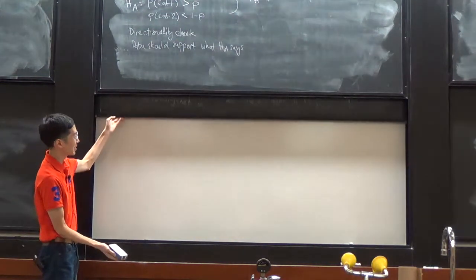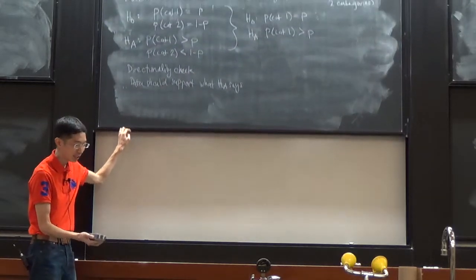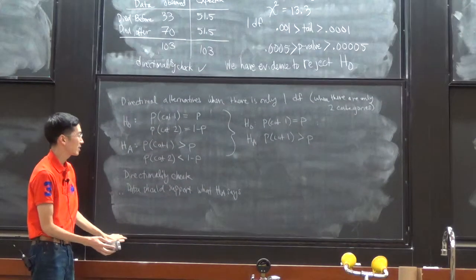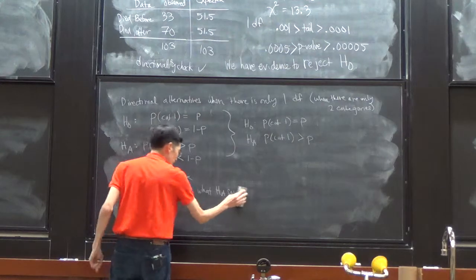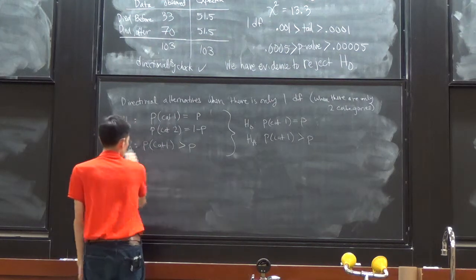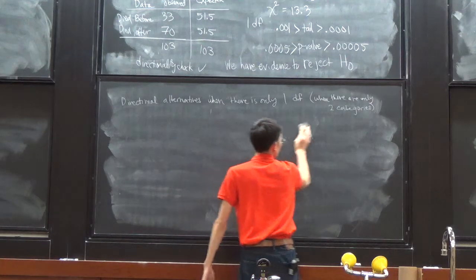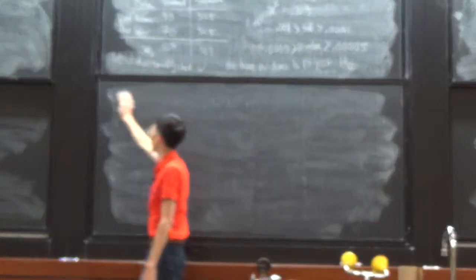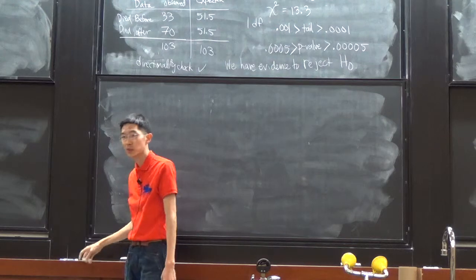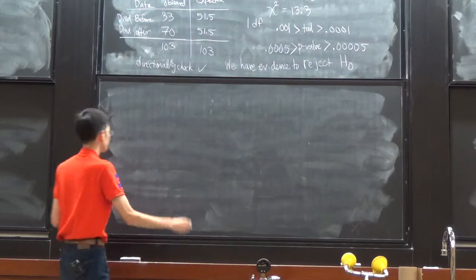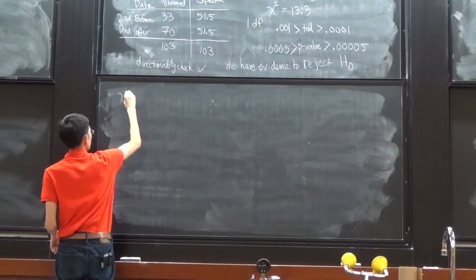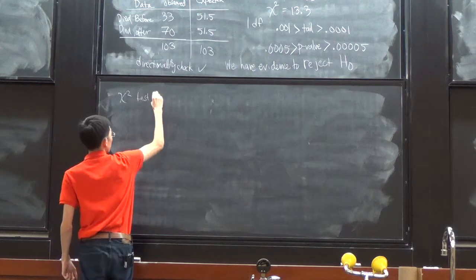If you guys are willing to stay with me, we're going to move into chapter 10, where we extend the chi-squared test to see if there is a relationship between two categorical variables. Okay? So this would be the chi-squared test for independence.